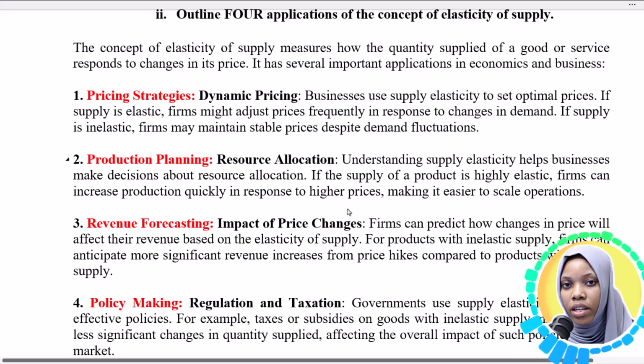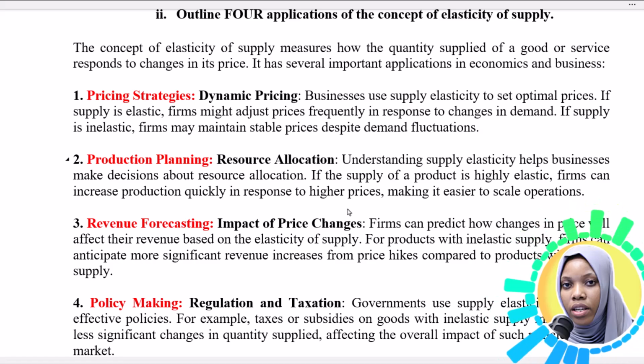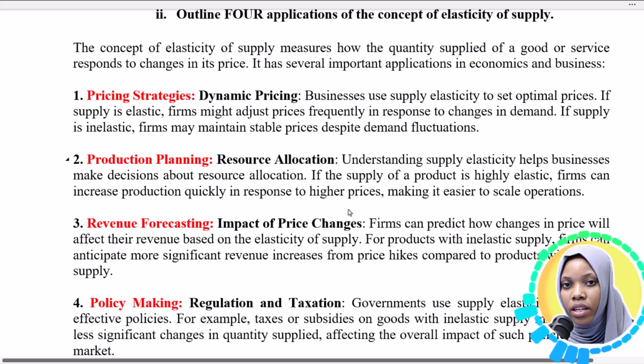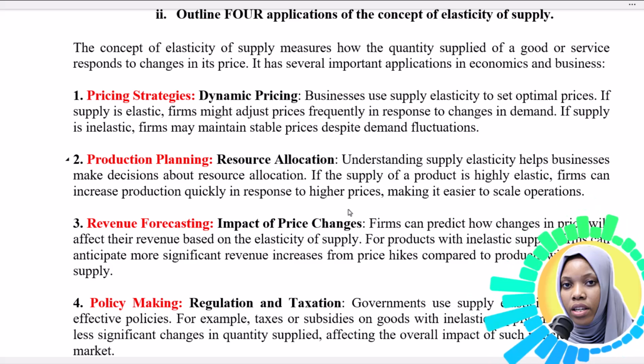And then another application is in revenue forecasting. We use elasticity of supply to predict how changes in price will affect revenue. For products with an elastic supply, firms can anticipate more significant revenue increases from price hikes compared to products with inelastic supply.